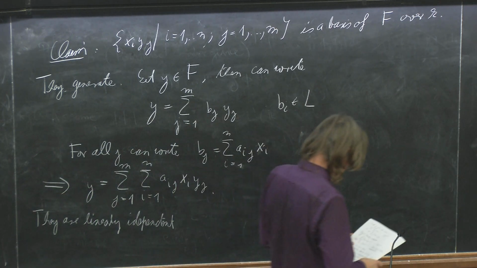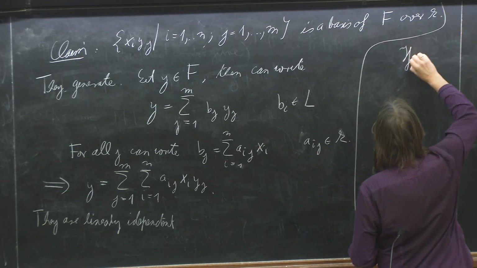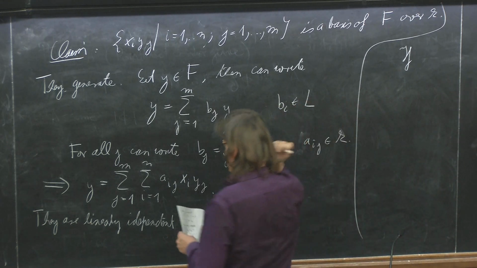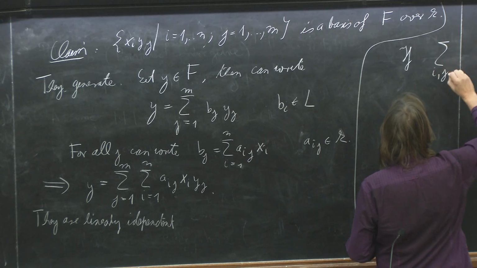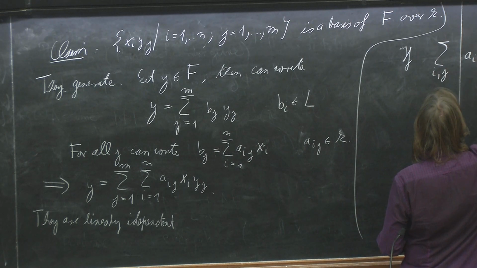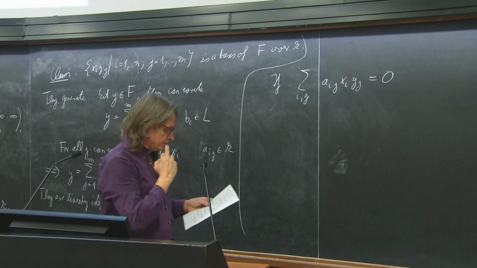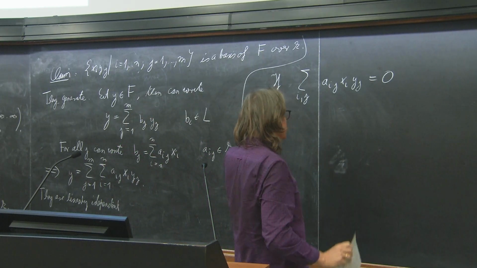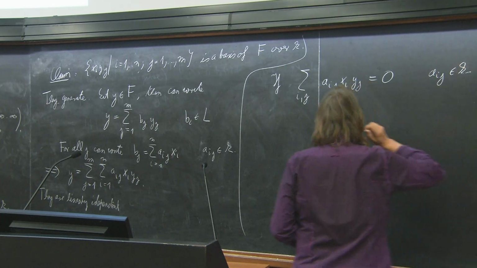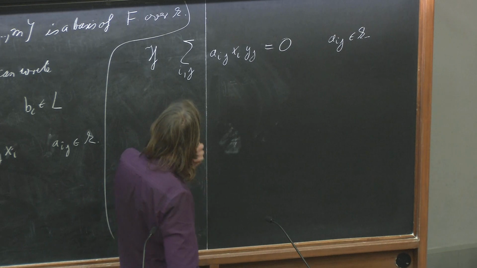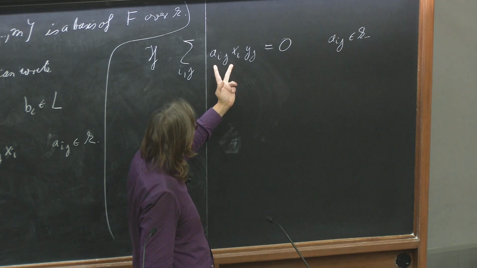If we have a linear combination of these which is 0, so if the sum over i and j of aij xi yj is equal to 0, where the aij are elements in K, then we first use the fact that the yj are linearly independent over L to see that it follows that all of these must be 0.